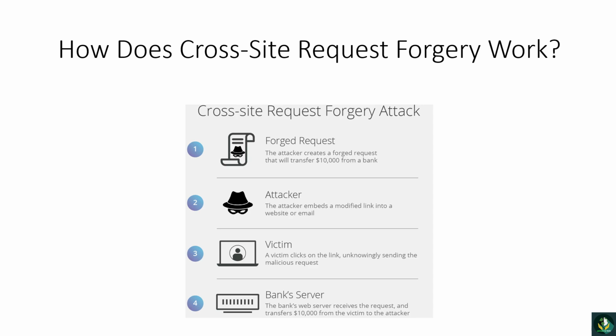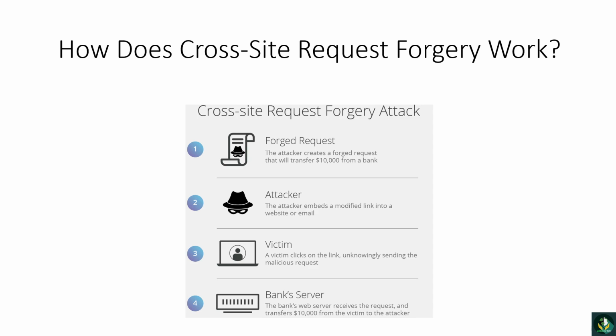So here is an example of the 4 steps in a cross-site request forgery attack. An attacker creates a forged request that will transfer $10,000 from a particular bank into the attacker's bank, and the attacker embeds the forged request into a hyperlink and sends it out as a bulk email, and also embeds it into websites.